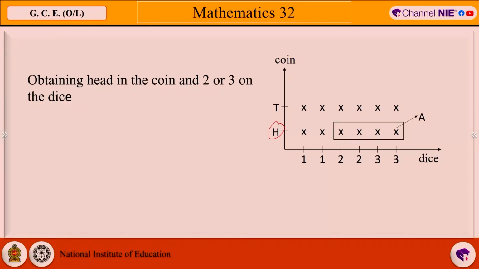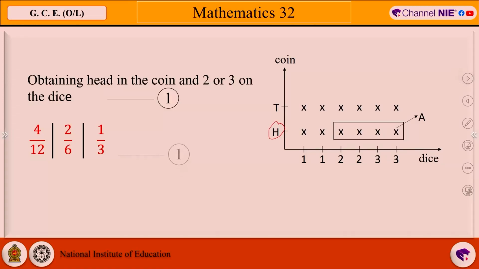There are 4 elements out of total of 12. So, the probability is 4 over 12, or else you can write it as 2 over 6 or 1 over 3. Okay. So, for each part you get 1 mark and total of 2.